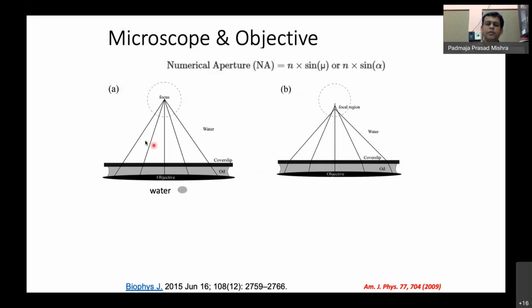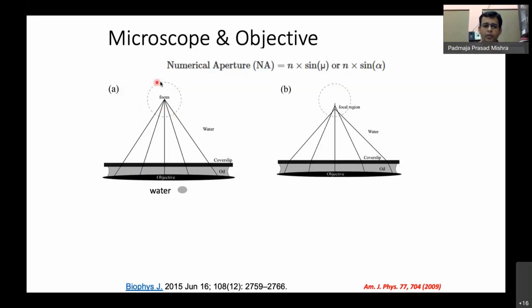When I'm talking about the focusing, I'm considering the objective is monitoring some sample which is kept in water. Even if you put a drop of oil on the objective, the sample is still water, and there is a refractive index mismatch, which doesn't happen in a water immersion objective.